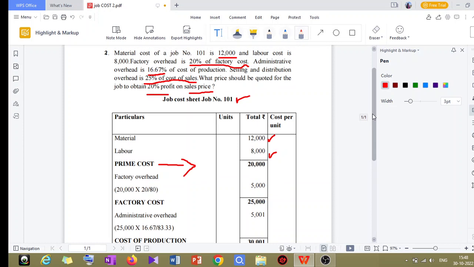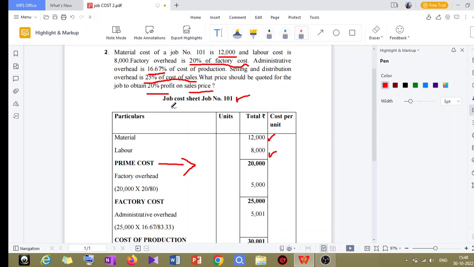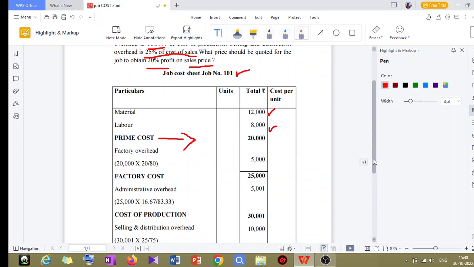The next step is factory overhead. So factory overhead is 20% of the factory cost. Now question is whether we have factory cost here. We don't have factory cost here, right? Yet to calculate that. So we have only till prime cost.